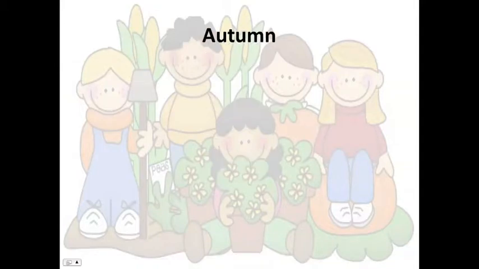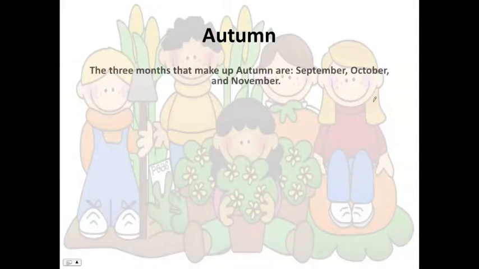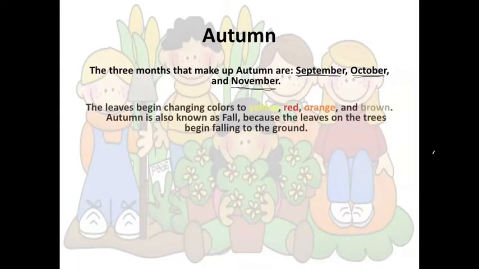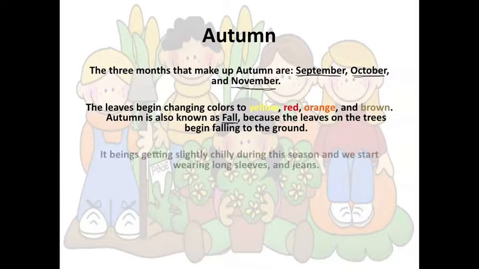Next we have autumn. The 3 months that make up autumn are September, October, and lastly, November. The leaves begin changing colors to yellow, red, orange, and brown. Autumn is also known as, let's highlight this too, as fall, because this is when the leaves on the trees begin falling to the ground.